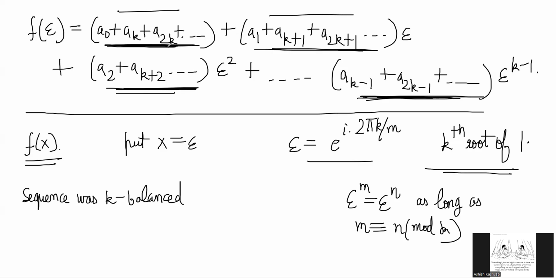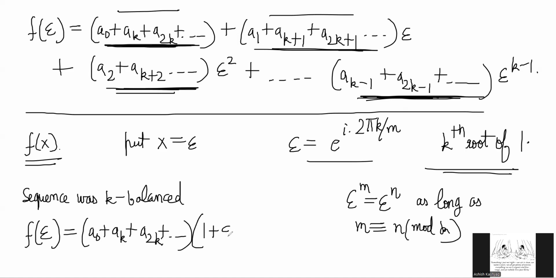So f of epsilon is becoming what? You can take all of these as common factors and you can write it as a0 plus ak plus a2k and so on, times 1 plus epsilon plus epsilon squared till epsilon power k minus 1.